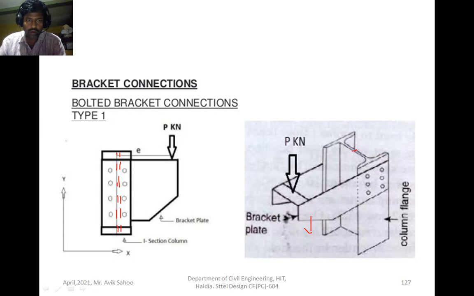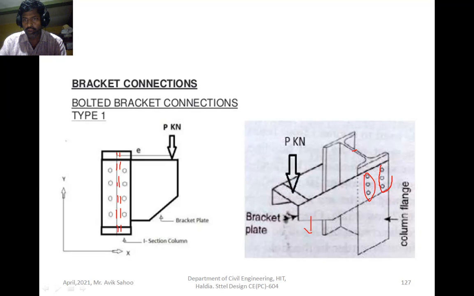So the bolt is also visible. So here the load is given. So you see that this portion is visible. So this is a bracket plate. So the bracket plate is connected with the flange of the I section. Okay, and this is joined by bolts. So this type of bolts are used.